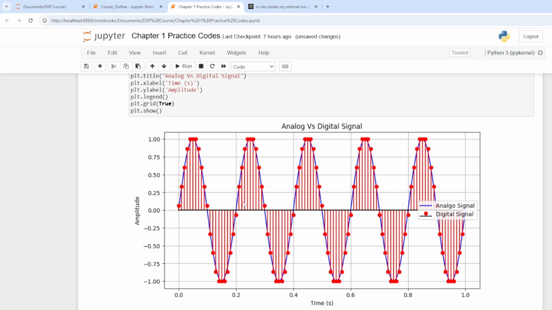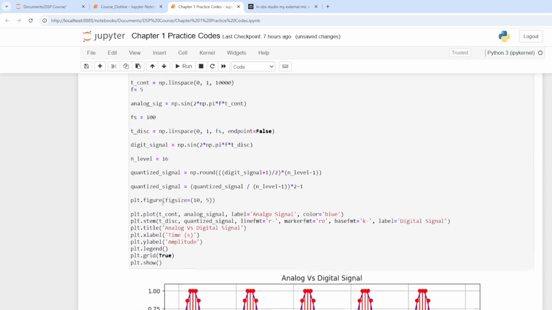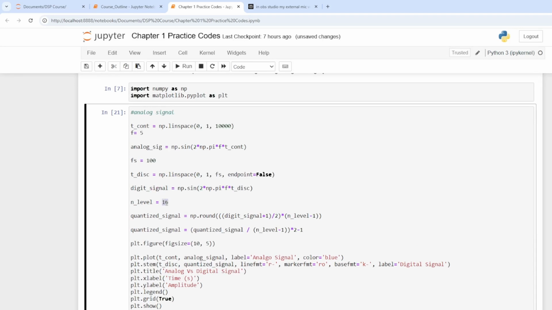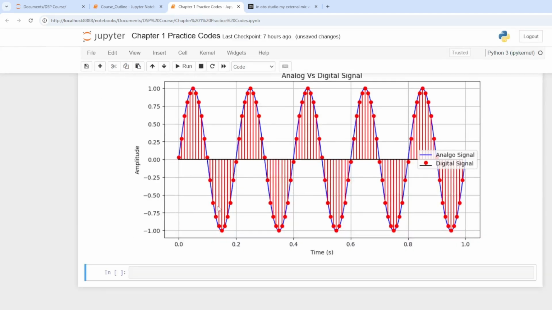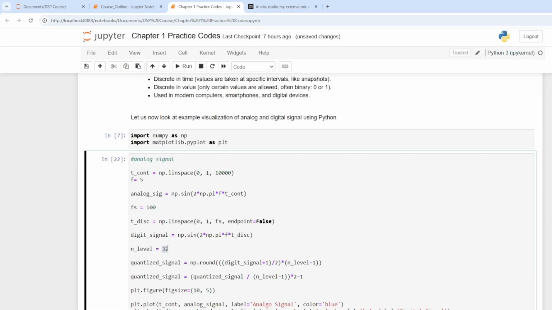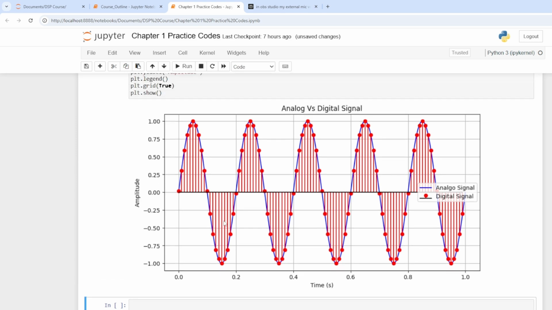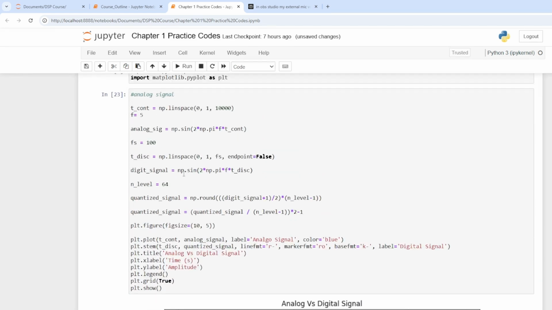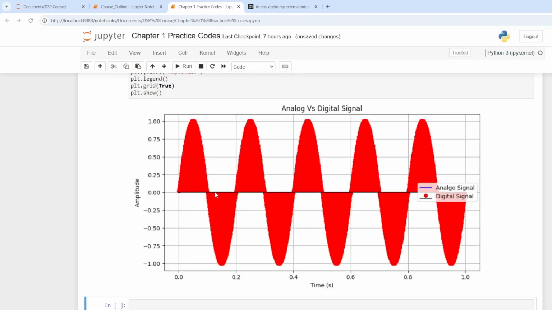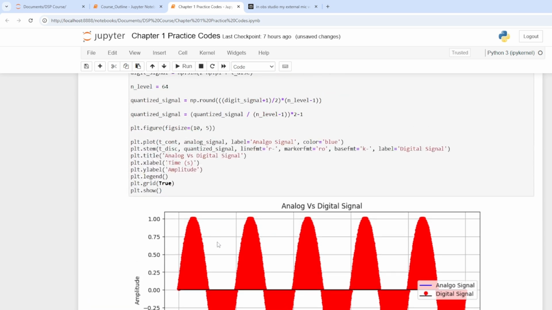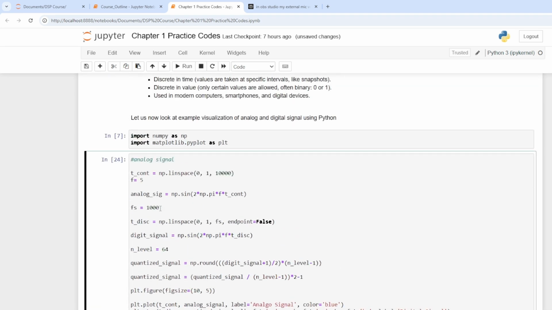So the quantization can have the error as well. You can increase this to 5-bit quantization level, you'll have better representation. You can increase further, so you can play with these levels by yourself to see how it changes. You can also increase sampling rate. When you increase more samples, you see the signals completely looks like continuous.